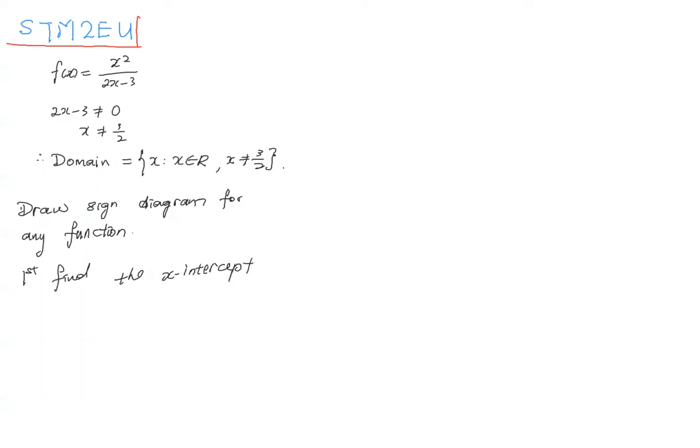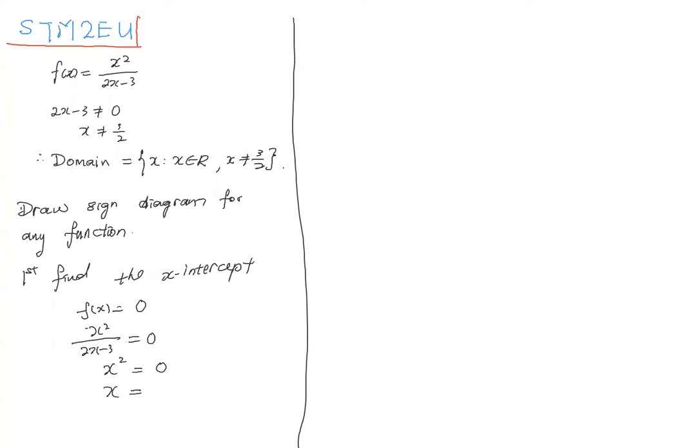Still remember, when you talk about drawing the sign diagram, first you have to find the x-intercept. That means you let f(x) be equal to 0. So your x squared over 2x minus 3 equal to 0. So your x squared equal to 0, so your x equal to 0.